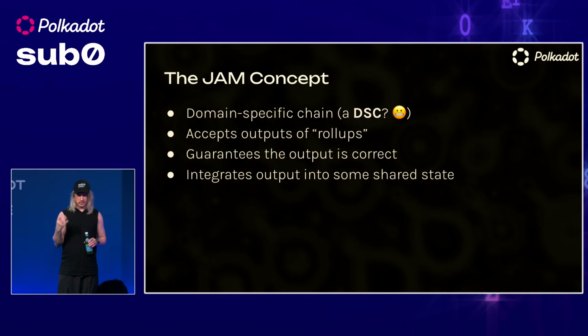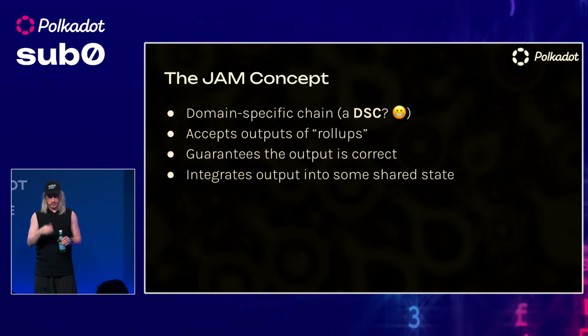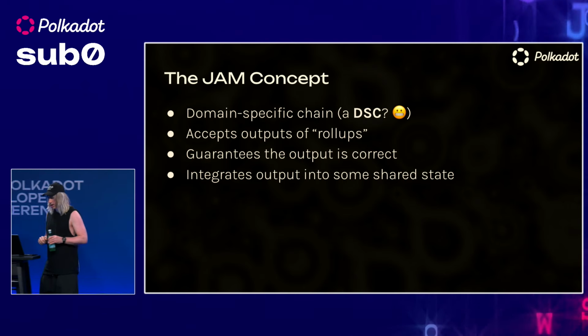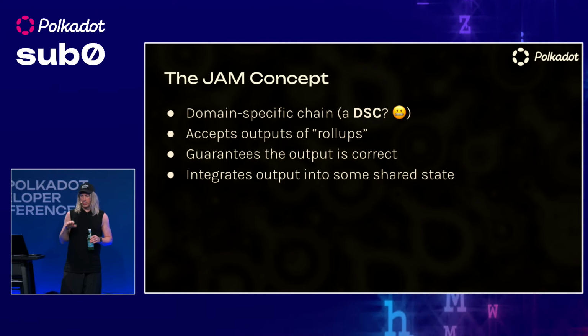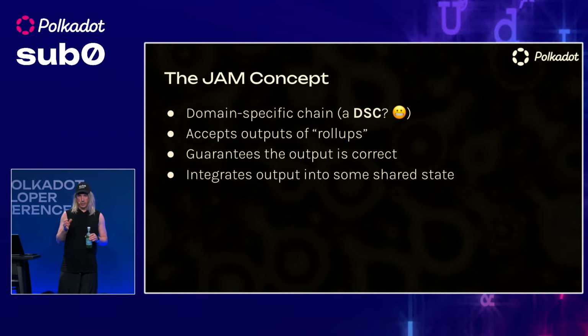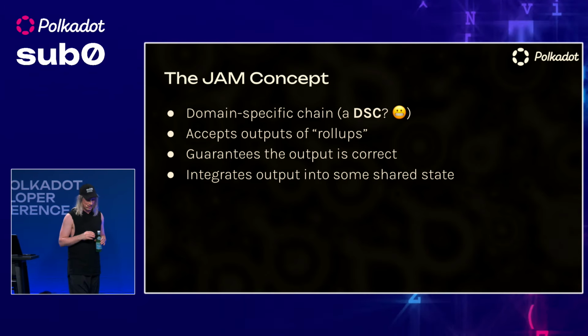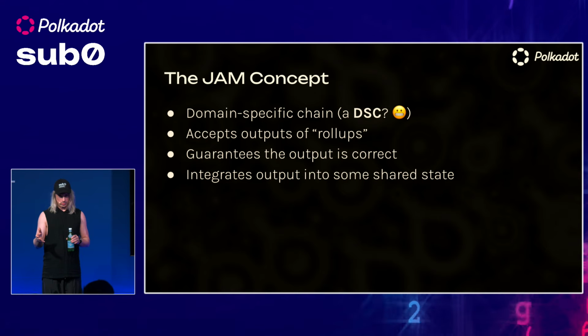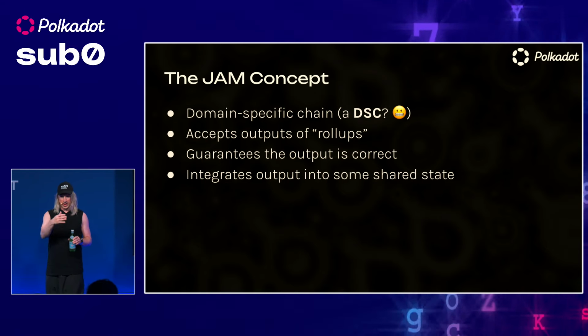So it provides this shared state model for integrating outputs together. If you compare what Polkadot is doing now, the relay chain, we can see how it fits into this model. But interestingly, we can see how other chains, like what Ethereum is doing, also fit into this model. It's a very general model.